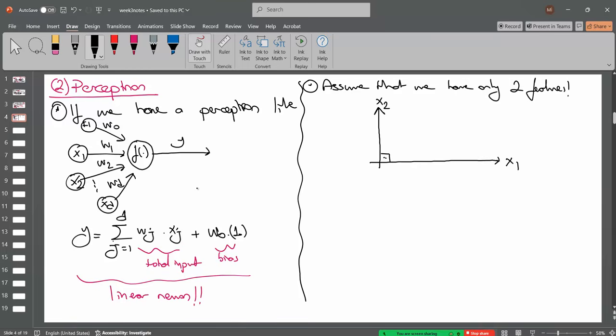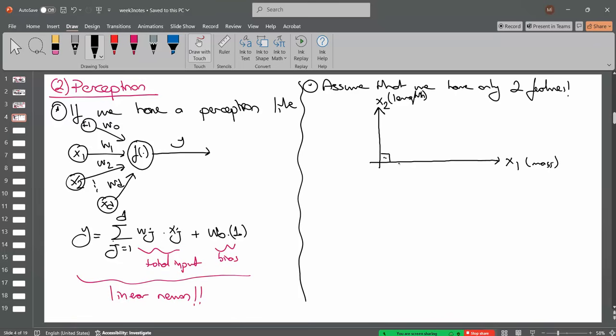Maybe x1 is the mass, maybe x2 is the length, we don't know. If we have two inputs, these are distinct, separate parts of the feature, so we have two axes at a right angle. So what is the meaning of this y value here?